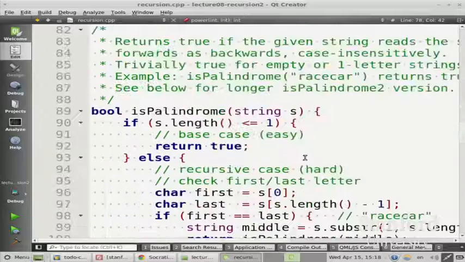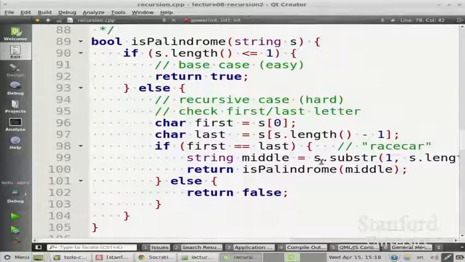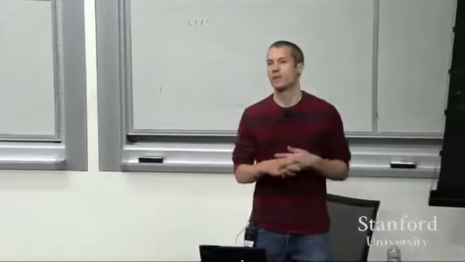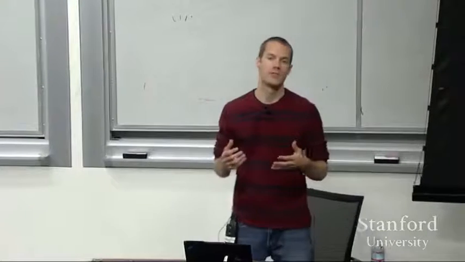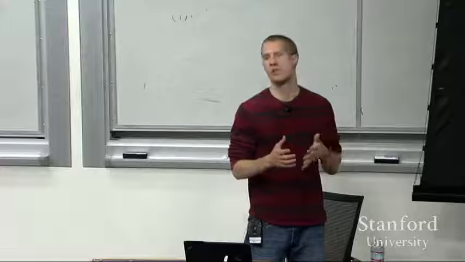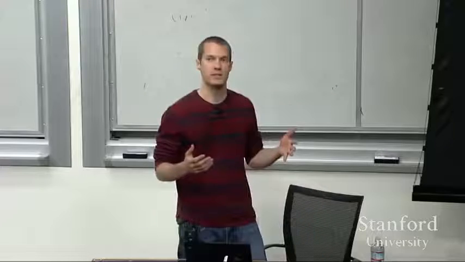We also wrote an isPalindrome function that would tell us whether a string was the same forwards as backwards. And again, in all these problems, you want to ask yourself the same question. How is this problem similar to itself? How can you describe a solution to this problem in terms of a smaller version of the same problem? And what you guys told me last lecture was great.